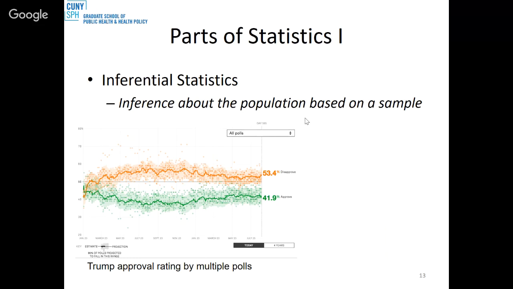So inferential statistics, that third component that I mentioned, is about the inference on the population based on a sample. This example of Trump approval rating by multiple polls taken from my favorite source for political polls, 538.com, shows the results. All of these dots are different polls.